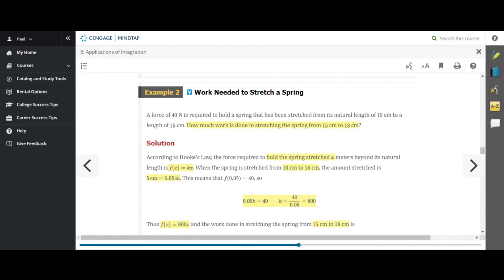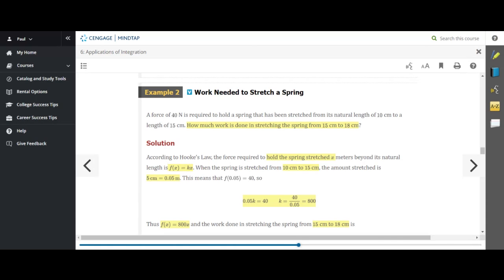When the spring is stretched from 10 centimeters to 15 centimeters, the natural length of the spring is 10 centimeters, and you're stretching it to a length of 15 centimeters. So you've stretched it 5 centimeters.